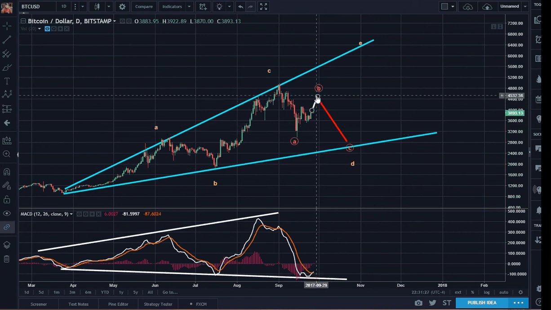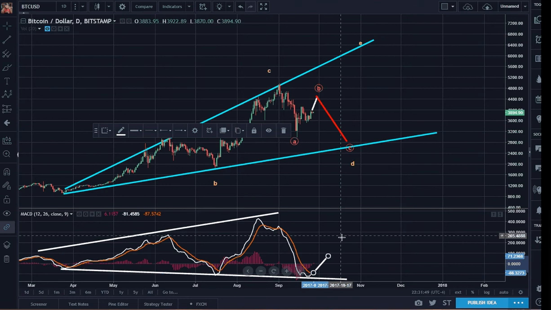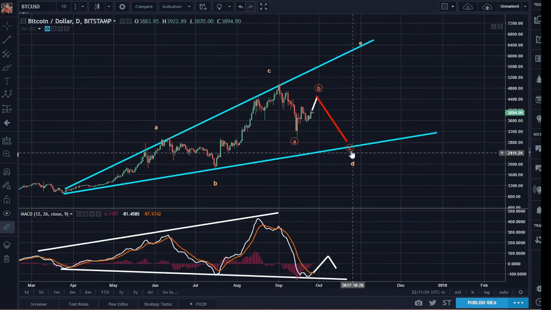And this further rise of the A, B for the B could enable the daily MACD to rise to approximately here, let's say, then fall, allowing the decline to complete the D wave or the C wave of this ABC.